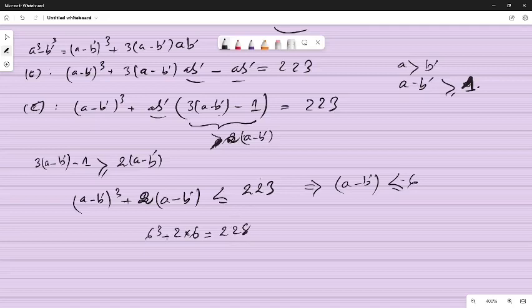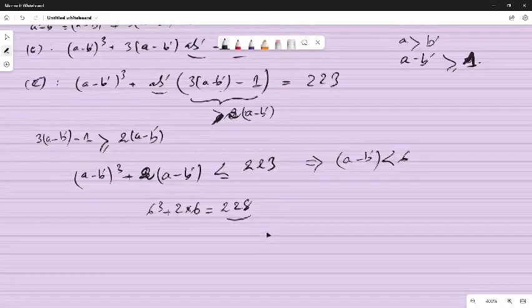So we must have a minus b prime strictly smaller than 6, because here we have 2028 is strictly greater than 223.